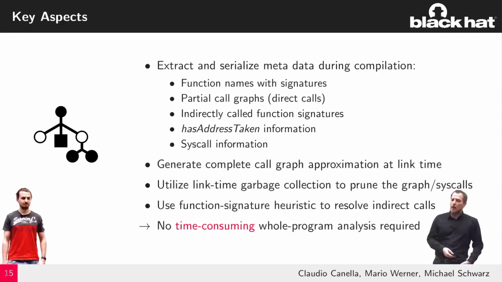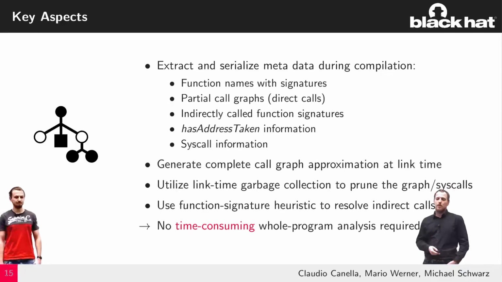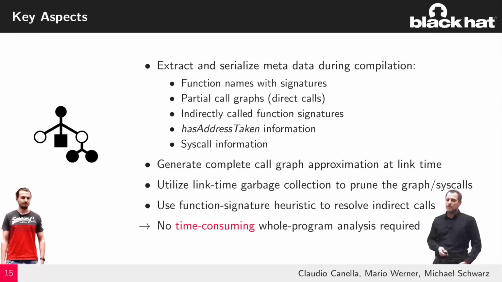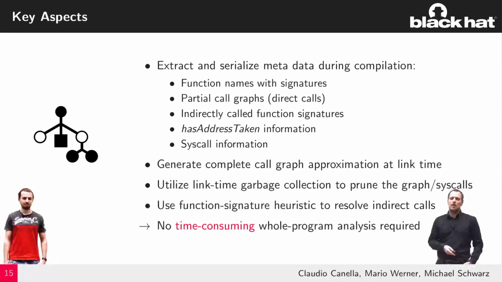Additionally, we use link time garbage collection to reduce the number of reachable functions, which helps with indirect function call handling, and the function call signature heuristic, which I mentioned before, to figure out which functions are called indirectly. And the result is that no time-consuming whole program analysis is needed. So we can do this all much faster than our previous related work.